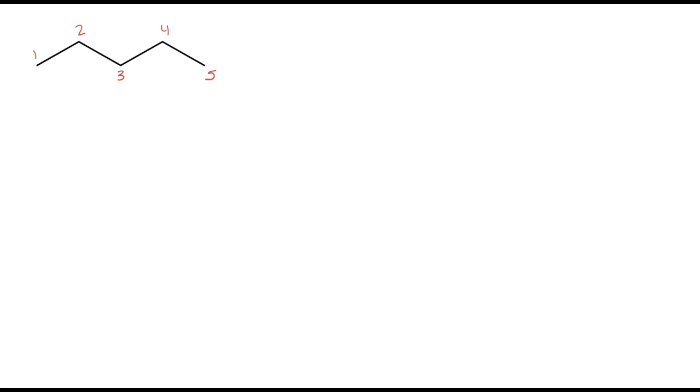I could draw out a Lewis structure representation of this molecule. We have 5 carbons here, so we really have the following Lewis structure. The carbons at the ends get 3 hydrogens, and the central carbons have 2 hydrogens.